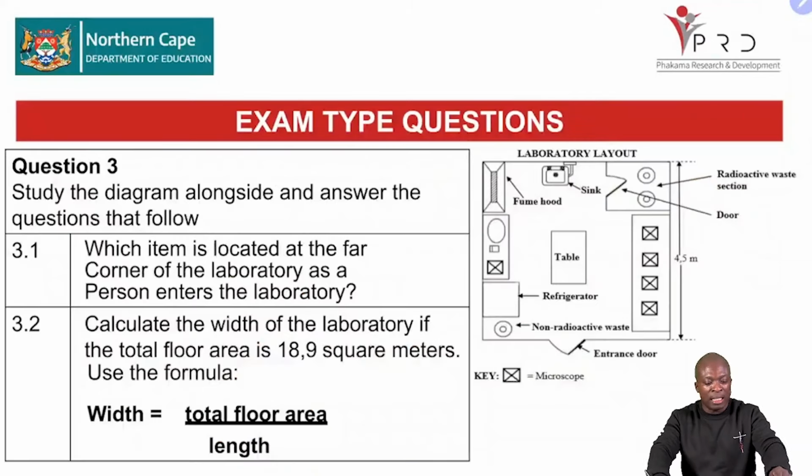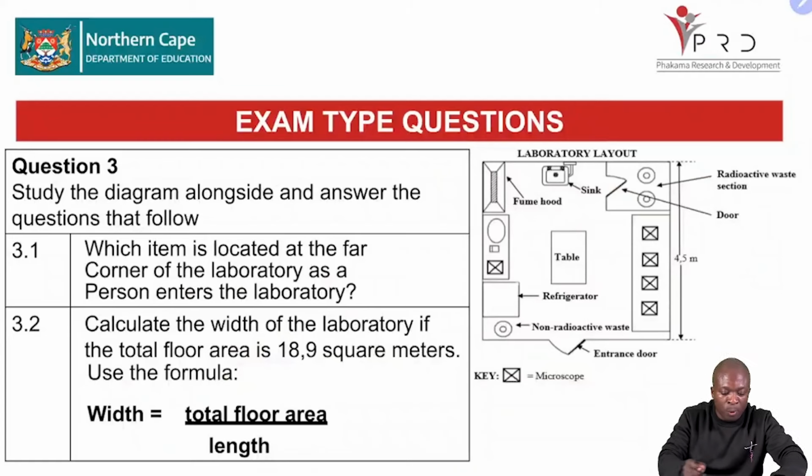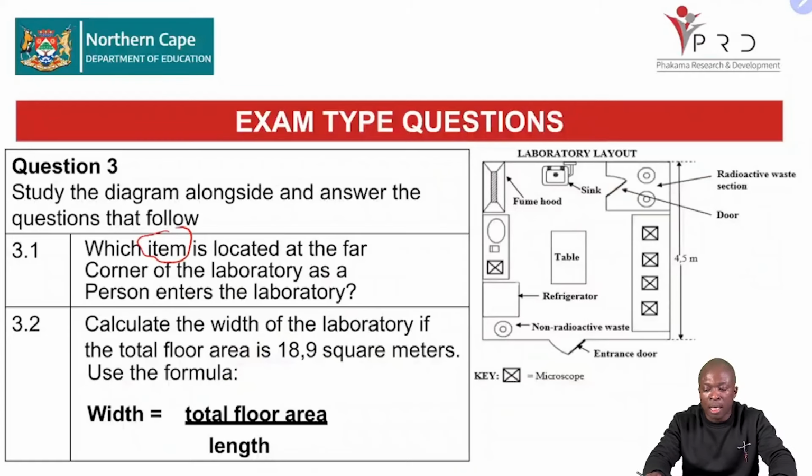Let's go to question 3. This time we have been given a plan for a laboratory. And the questions are saying, study the diagram alongside and answer the questions that follow. So our first question is, which item is located at the far corner of the laboratory as a person enters the laboratory?